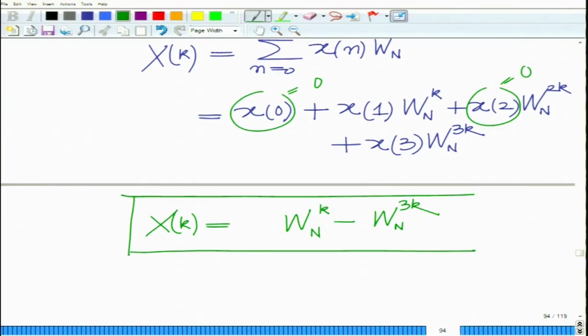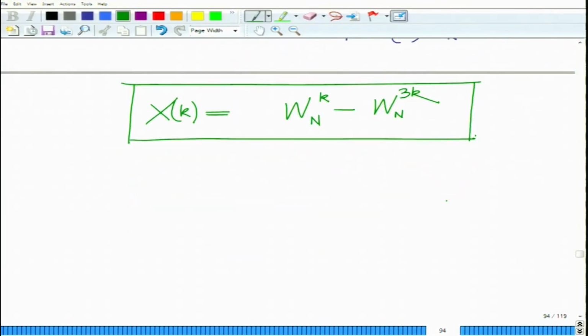So, the kth DFT coefficient of the signal sin(pi by 2 n) is W_N raised to k minus W_N raised to 3k, where W_N, recall, is minus j for this case. Okay, all right.